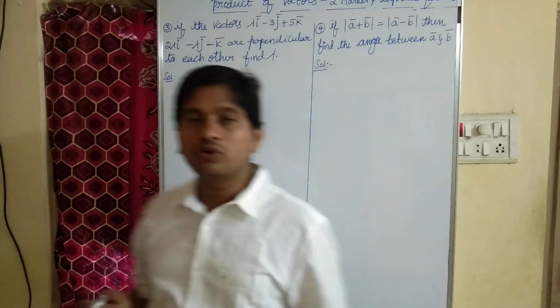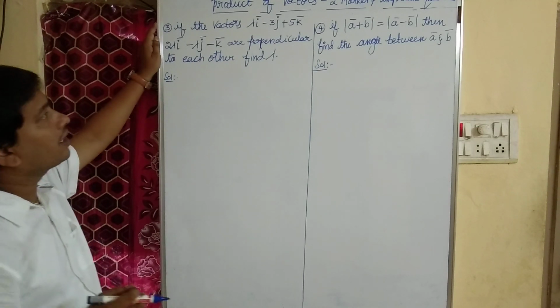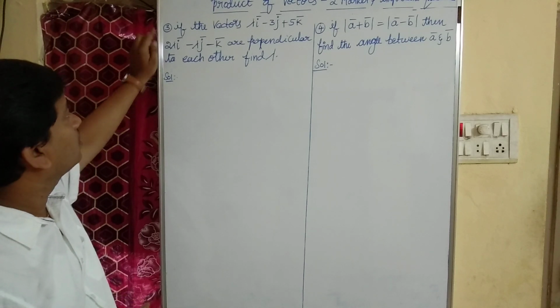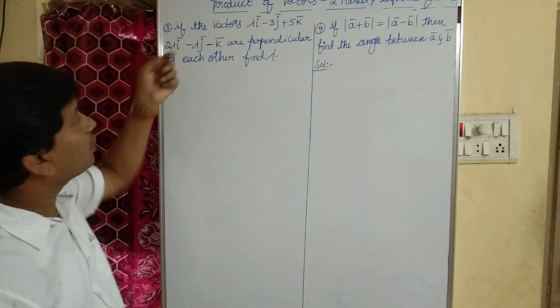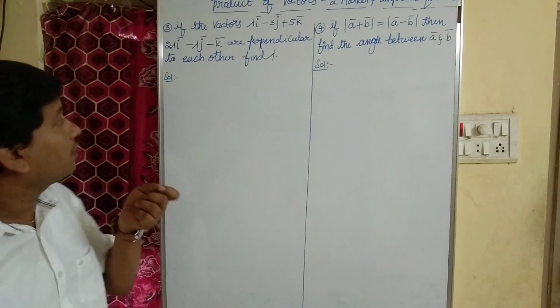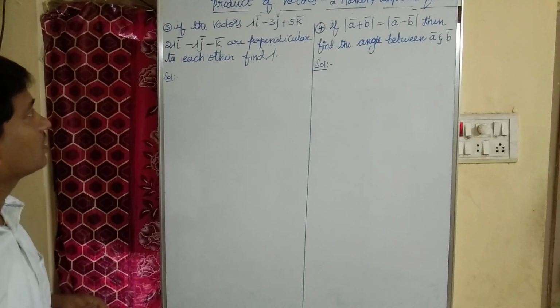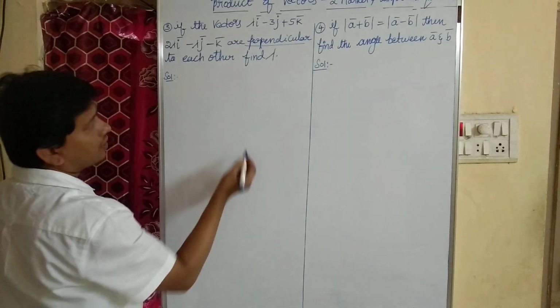Now coming to the third problem: if the vectors λi bar minus 3j bar plus 5k bar and 2λi bar minus λj bar minus k bar are perpendicular to each other, find λ. As they said, they are perpendicular.